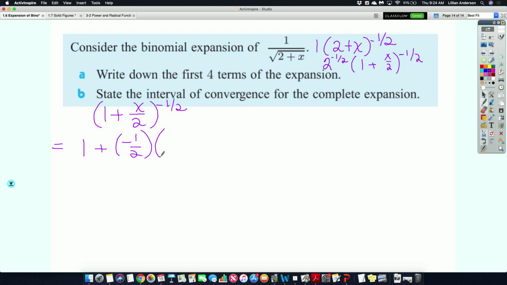Which is what? X over 2. Because it's not x in this problem, it's 1/2 x. So you've got to plug that in there. Okay? Then it's plus alpha times, is it alpha minus 1 or alpha plus 1? Minus. So then it's going to be a minus. Got that one? What's the one that was alpha minus 1?